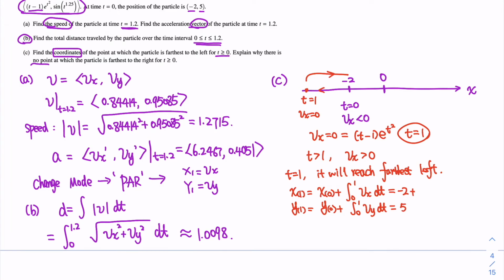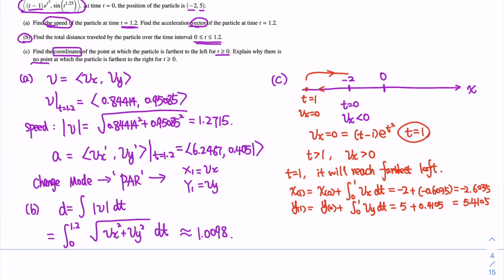This gives us -0.6035 and 0.4105. So the coordinates will be -2.6035 and 5.4105.